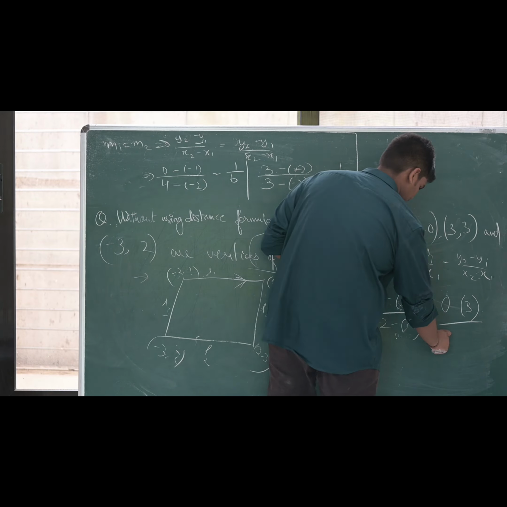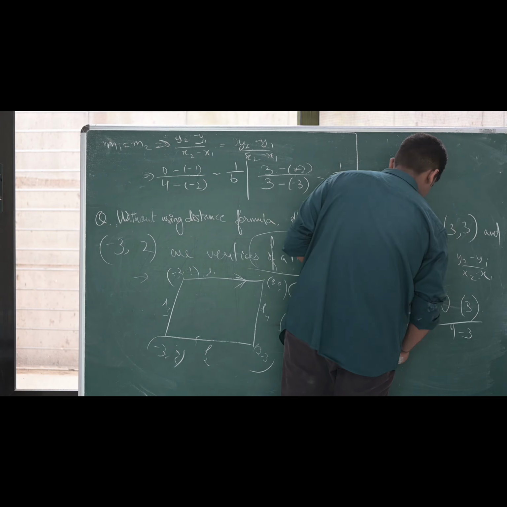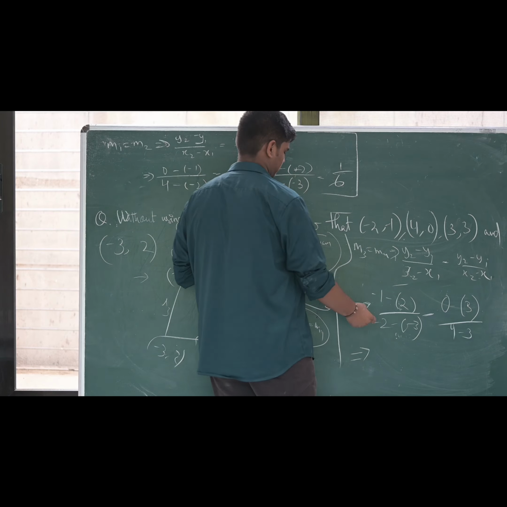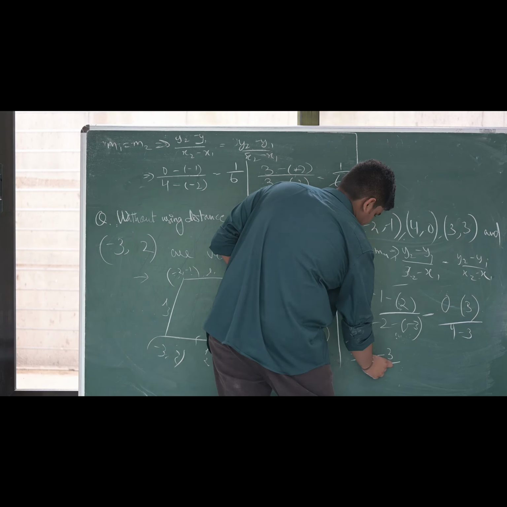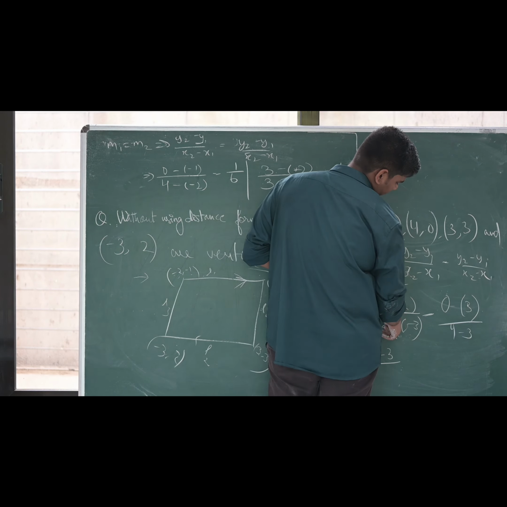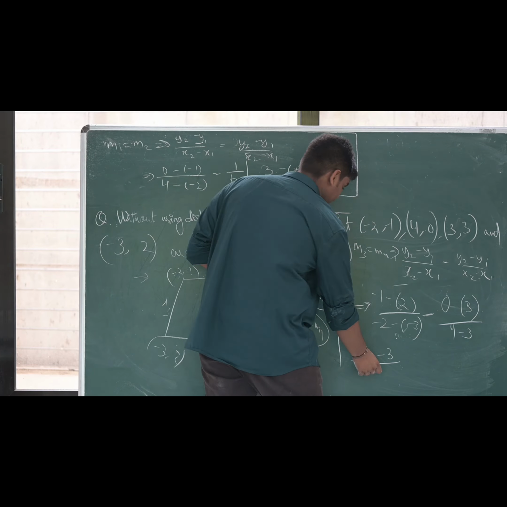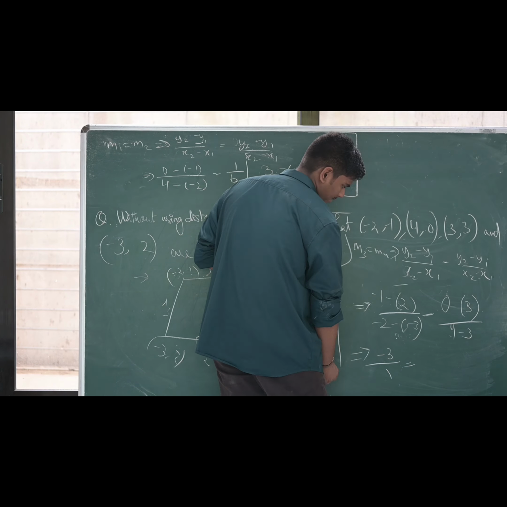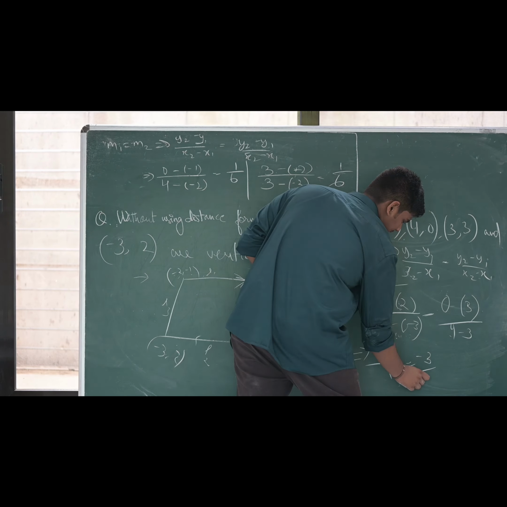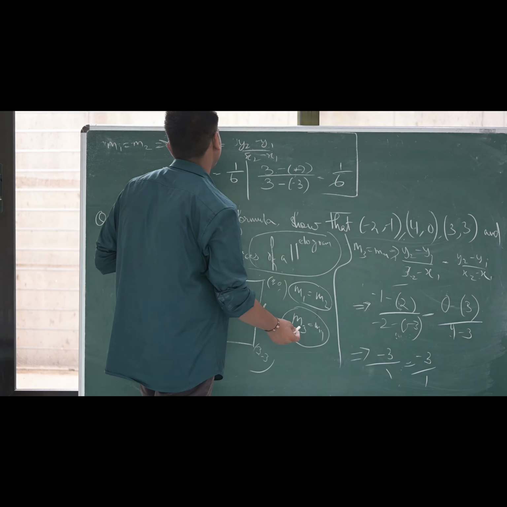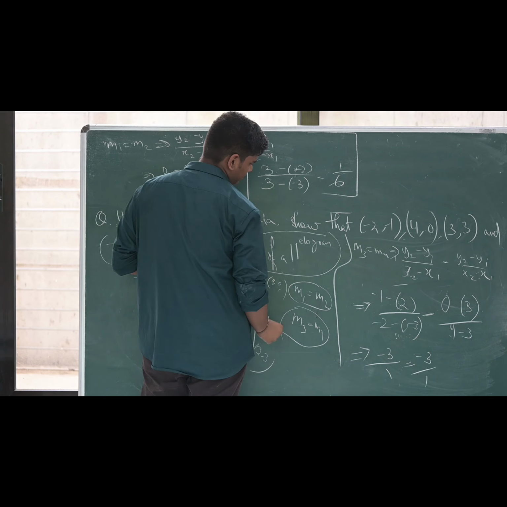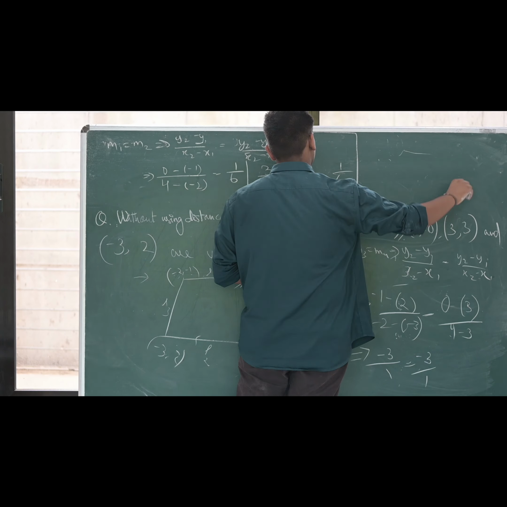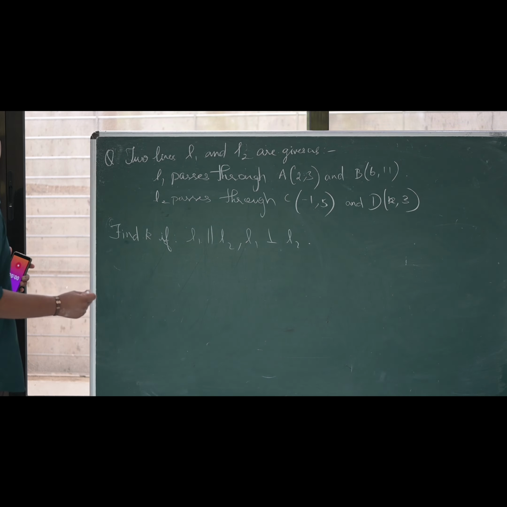Okay? Now, minus 1 minus 2, you will get minus 3, by minus 2 plus 3, you will get 1, which is equal to minus 3 by (4 minus 3), which is 1. Minus 3 by 1. So we have proved that m1 is equal to m2 and m3 is equal to m4, hence it's a parallelogram. Okay? Next question.